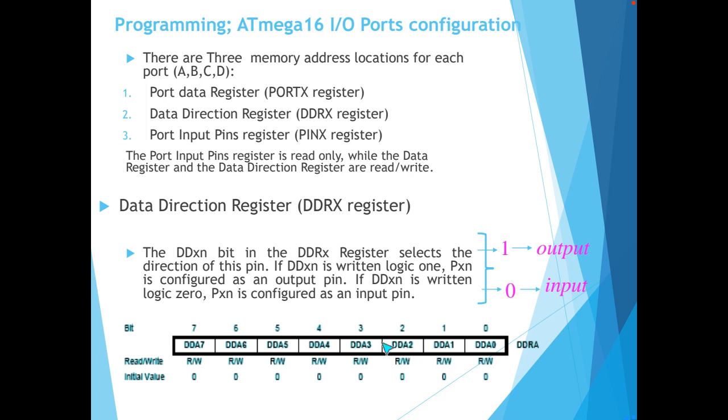And if all of the bits are written 1, it means that port A is configured as output. But when only one of the bits of this register is written 1 or 0, then it determines that pin is input or output according to its logic value. If it is 1, then it is output. If it is 0, then that bit is configured as input.